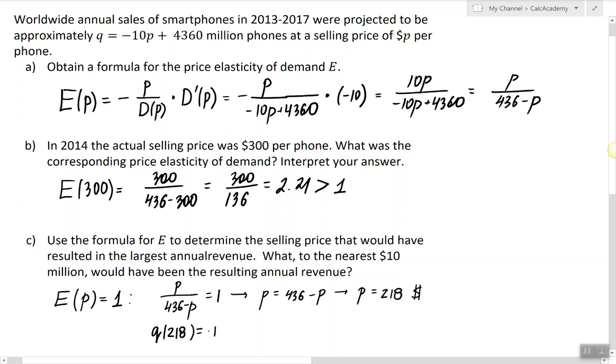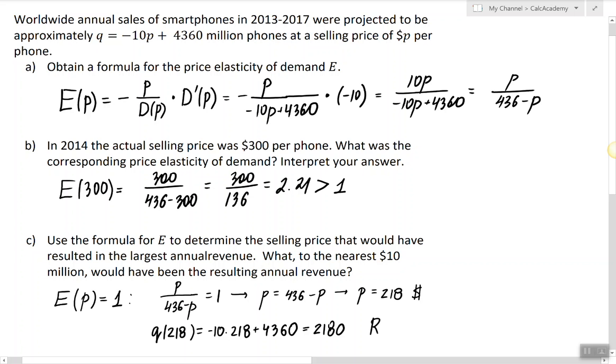It is negative 10 times 218 plus 4,360. This number is exactly 2180.